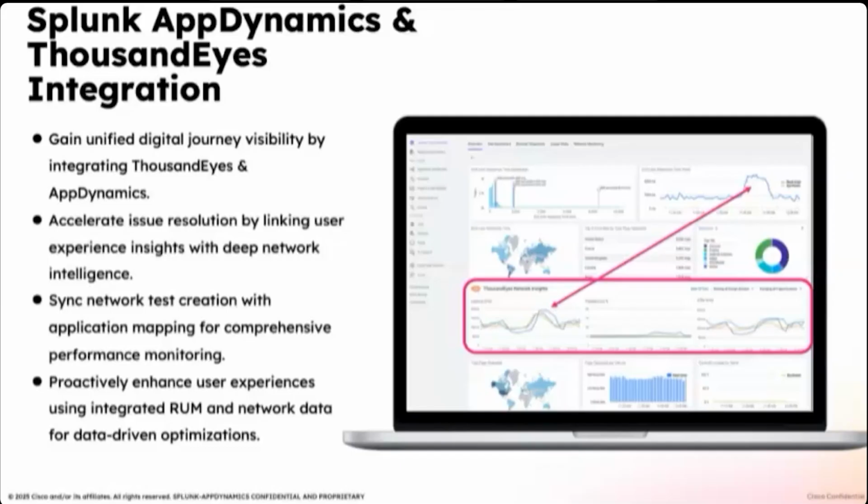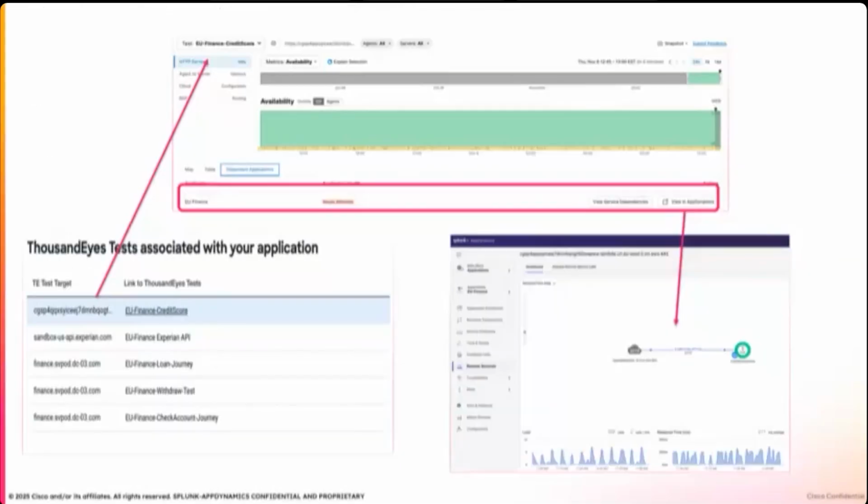Another benefit that you get by integrating these solutions is seamless navigation between the products. On the left bottom, as you can see, this is an AppDynamics screen. I'll cover this in the demo as well, but you can see that you can look at ThousandEyes tests from an AppDynamics portal and seamlessly click on the deep links, which will navigate you to the upper screen, which is the ThousandEyes tests.